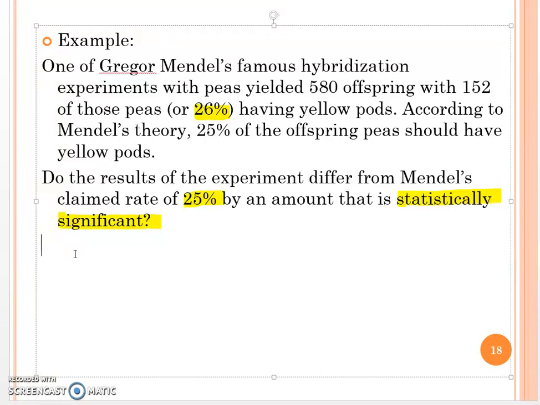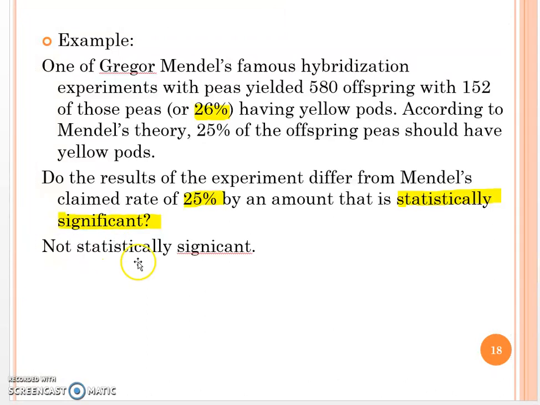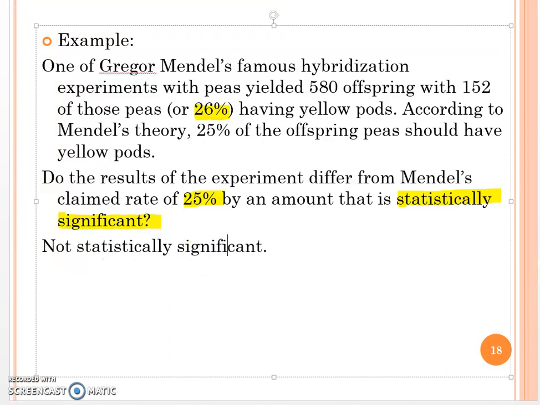If this is easily occurred, then it is not statistically significant. So the idea here is if this result can be easily occurred, then it is not statistically significant.